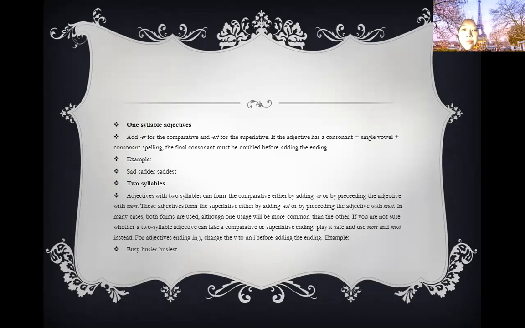These adjectives form the superlative either by adding EST or by preceding the adjective with most. In many cases, both forms are used, although one usage will be more common than the other. If you're not sure whether a two-syllable adjective can take a comparative or superlative ending, play it safe and use more and most instead. For adjectives ending in Y, change the Y to an I before adding the ending. Let's take an example. Busy becomes busier, becomes busiest.